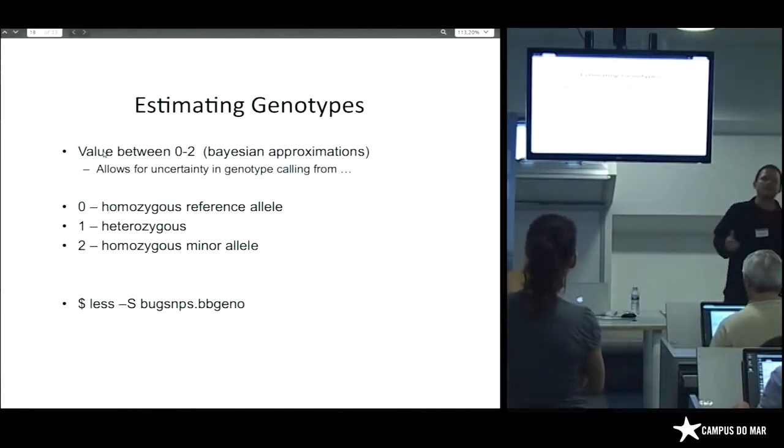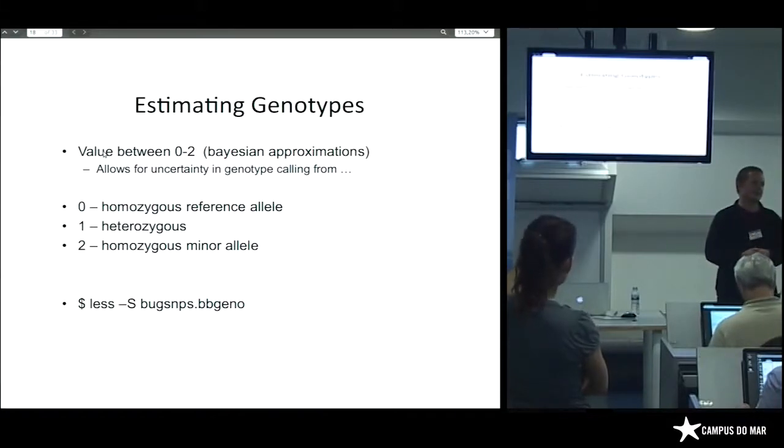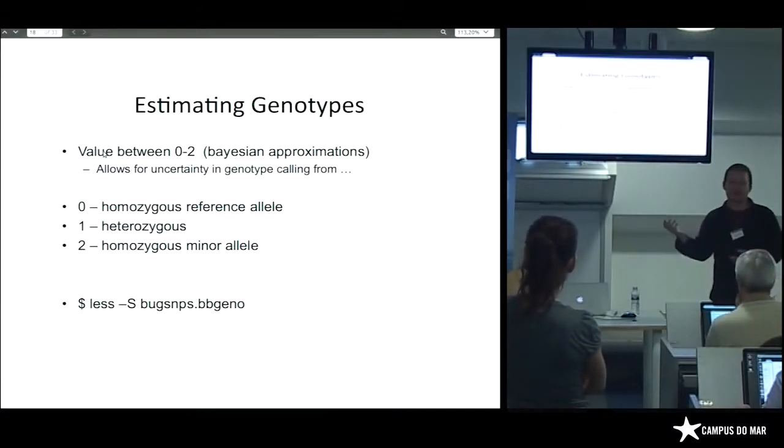So we convert it into a number. If we had absolute certainty in our genotype, we would call it a 0 being homozygote for the reference allele. It would be exactly 1 for a heterozygote and 2 for homozygote for the alternate allele.